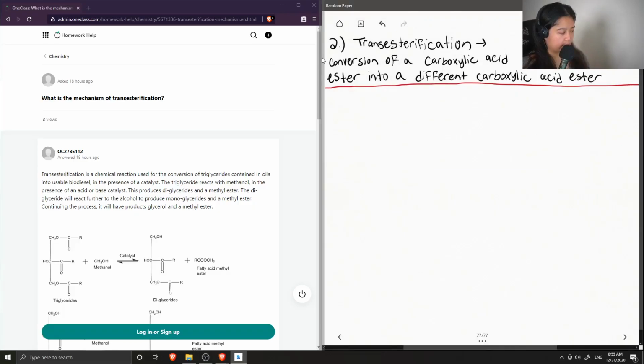Okay, so now I'll draw out the mechanism. And for this mechanism, let's say that it occurs in acidic conditions.